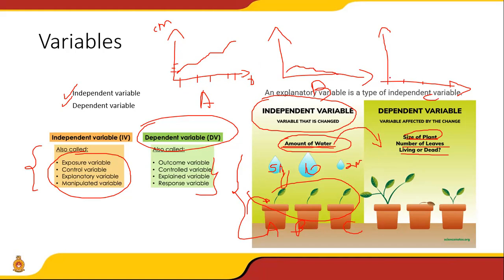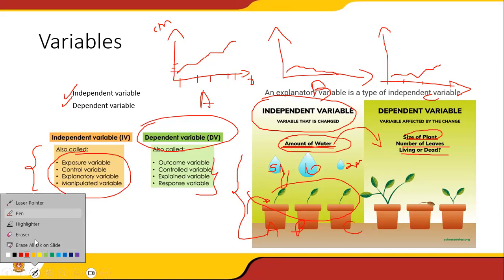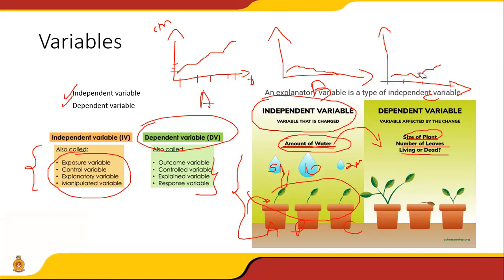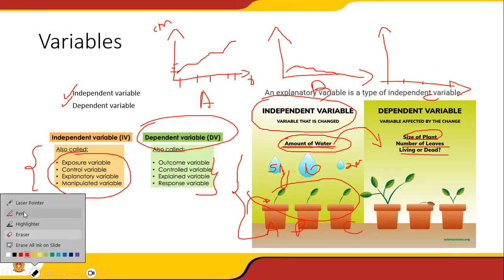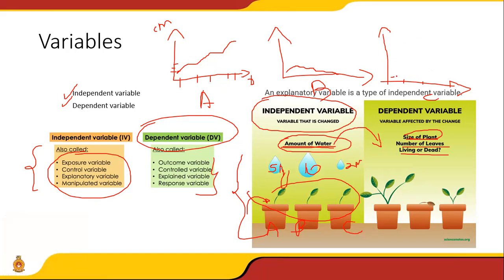Plant C is growing, but not at the expected speed or the very highest speed. It's growing, but very slowly.